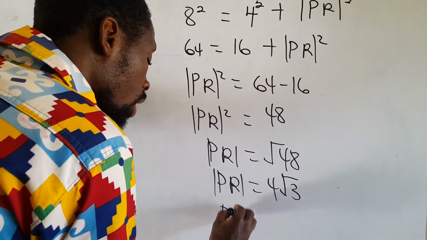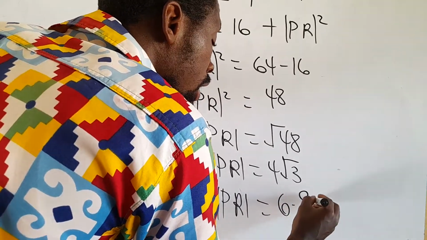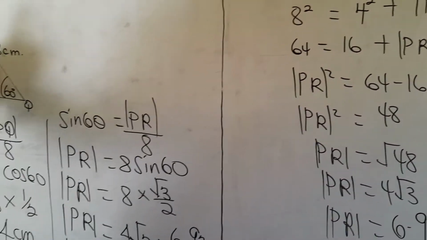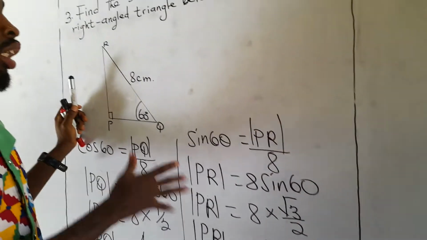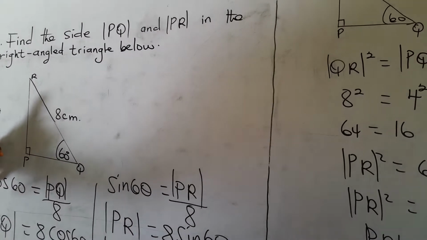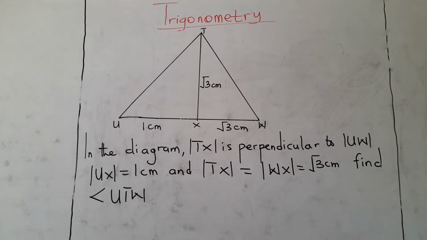So we'll convert that to decimal, and we'll get 6.93. Just as we used the trig identities to solve, after you find one side and you have two sides now, you can use Pythagoras theorem to get the other side. So let's look at our next question.